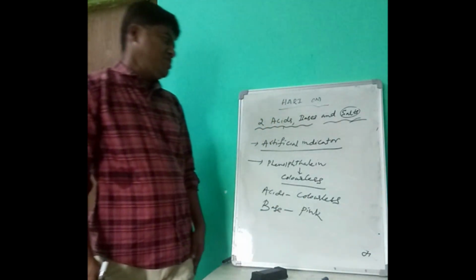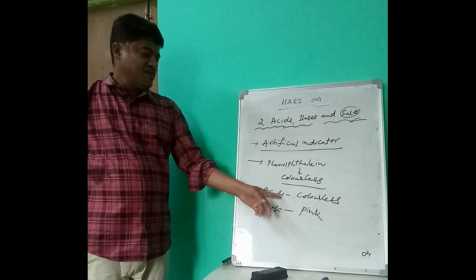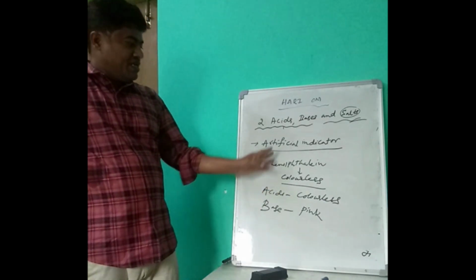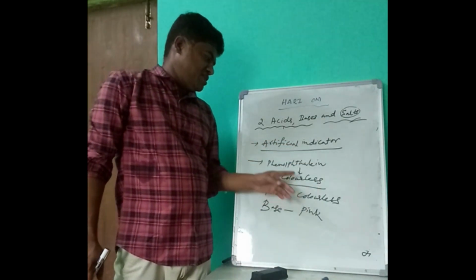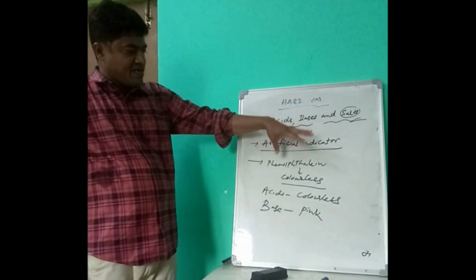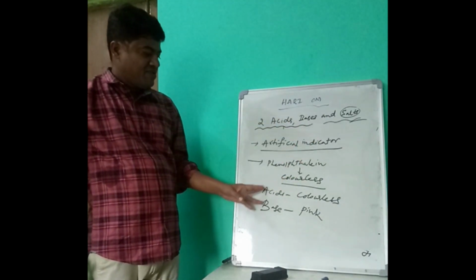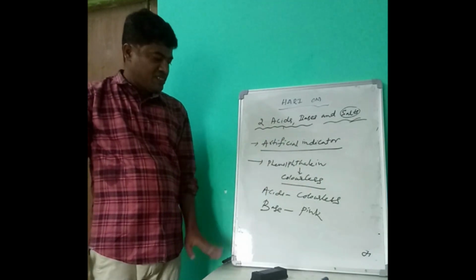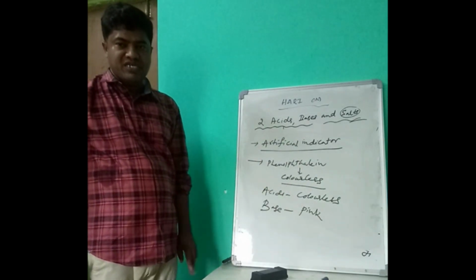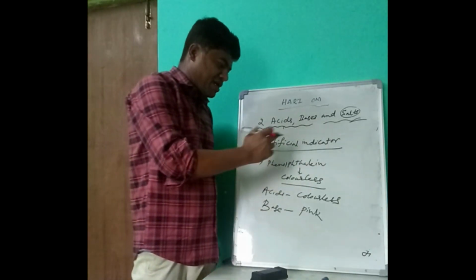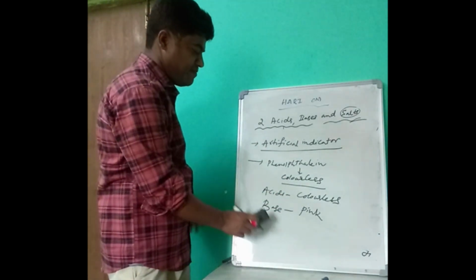This is how an indicator tells us by its change in color in acids and bases. For example, the color of phenolphthalein solution is colorless. When added to acids, it is colorless. When added to base, it turns from colorless to pink.